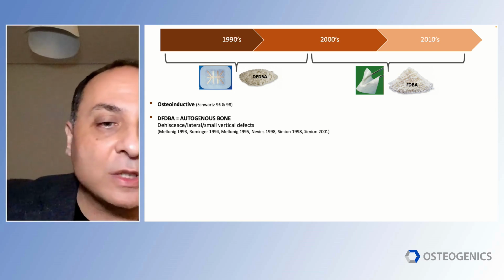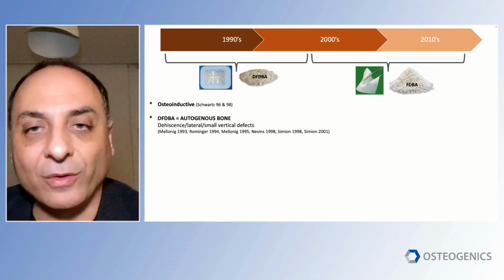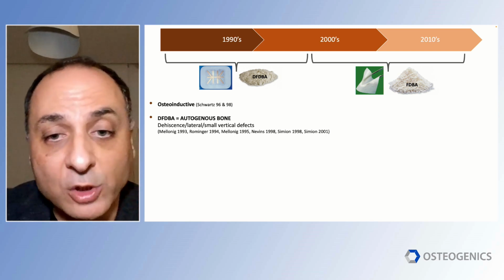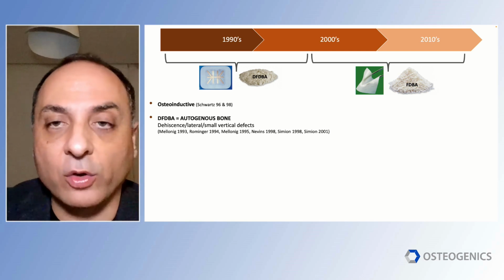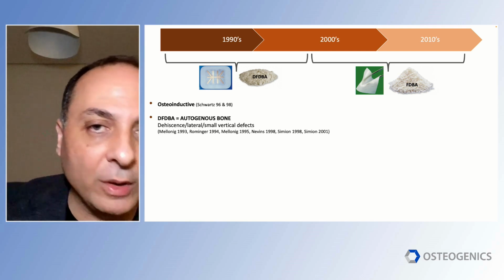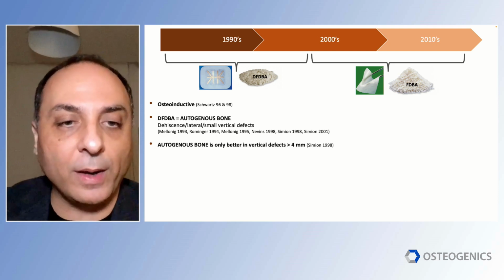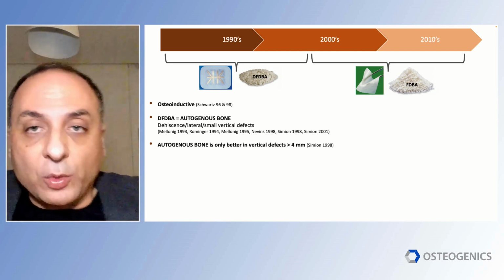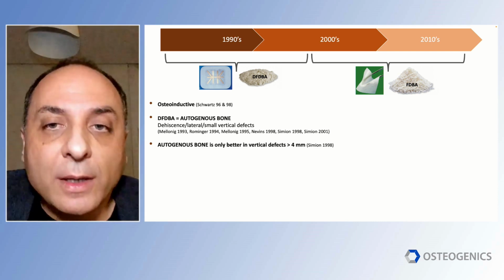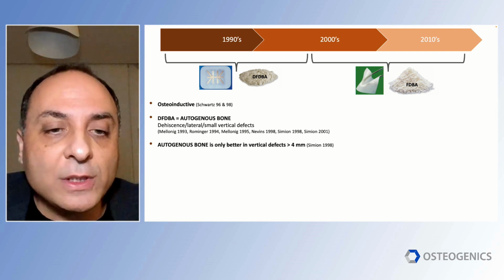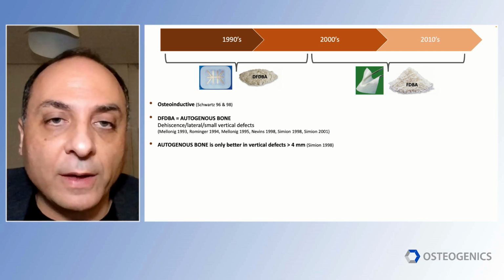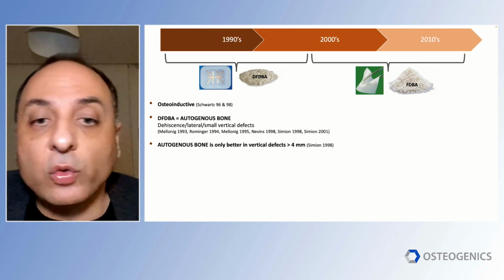DFDBA was considered by many, especially at the beginning of GBR, to be equivalent to autogenous bone, by people like Simion, the godfather of vertical augmentation, and Melcher, a very famous periodontist. According to Simion, he used to see DFDBA as equivalent to autogenous bone, except in vertical defects superior to 4 millimeters.